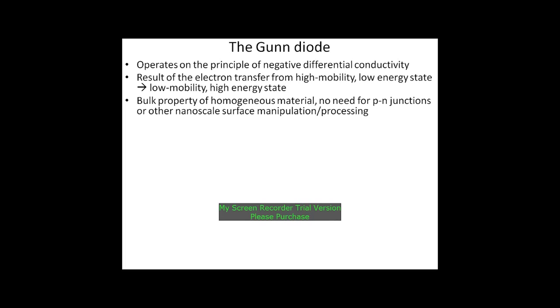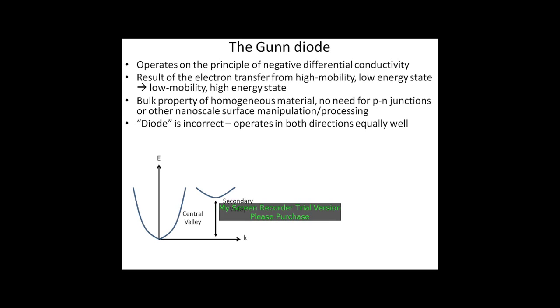It doesn't require any PN junctions like in the previous tunnel diode case, or any other nanoscale manipulation of the surface. So it's a bulk property. And lastly, even though it's called a gun diode, it's really not the correct term because it can operate in both directions equally well.